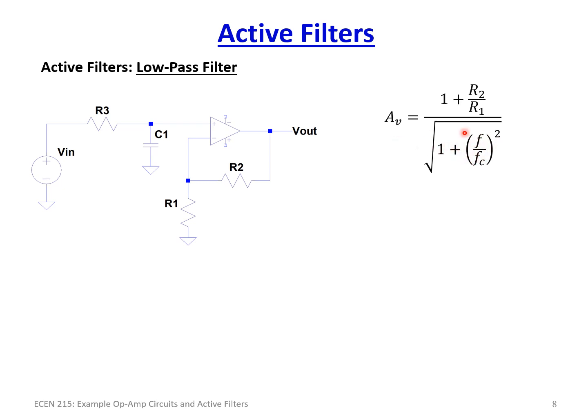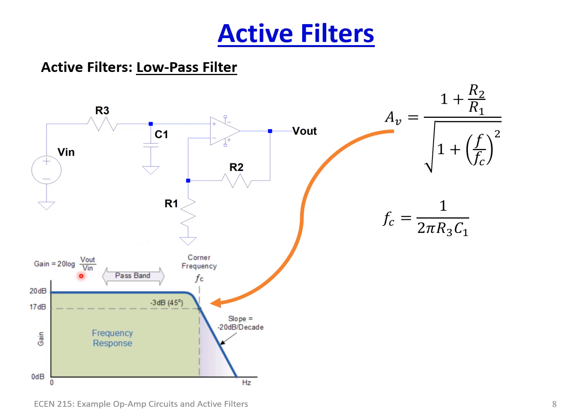This is the equation we had in the frequency response lecture, if you want to review how we achieve that. So the gain of V out over V in is AV equal to 1 plus R2 over R1, divided by the square root of 1 plus F over FC squared, where FC is simply 1 over 2 pi R3 times C1.